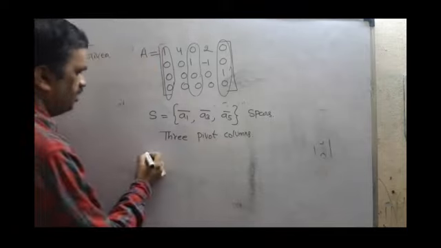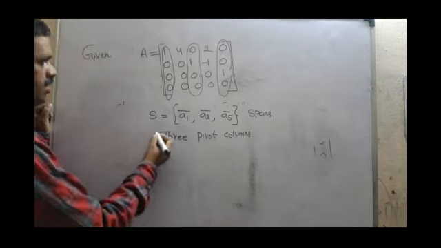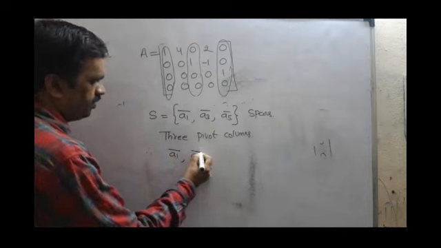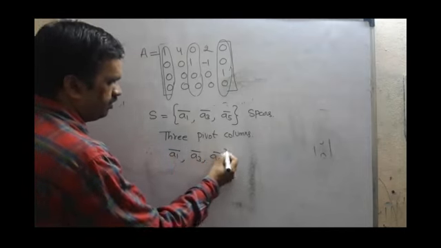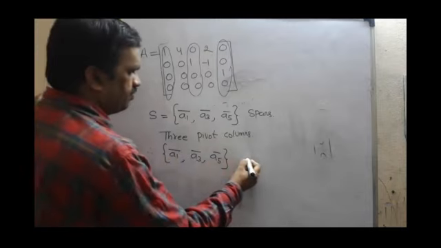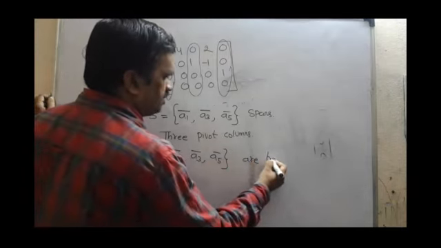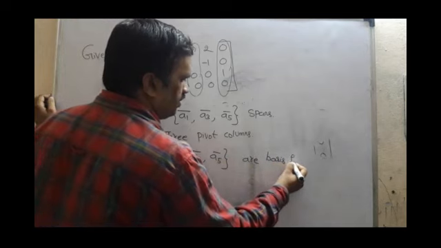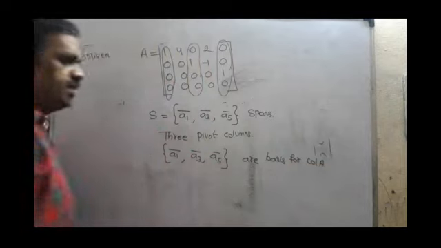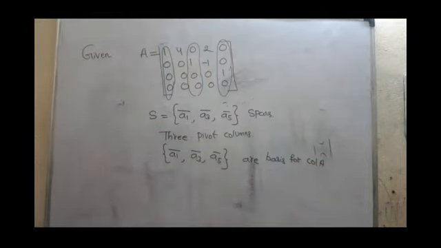Therefore, I can say these vectors A1 bar, A3 bar, A5 bar are a basis for column A. Basis for column A is nothing but pivot columns only.